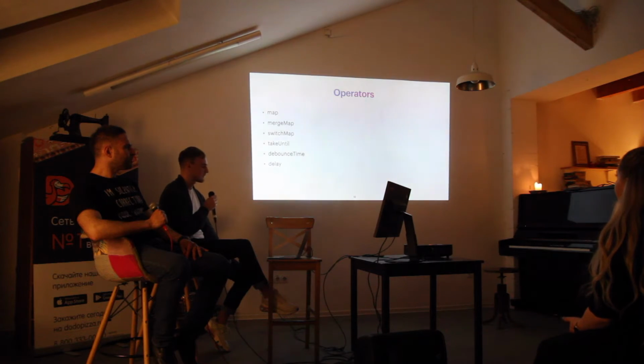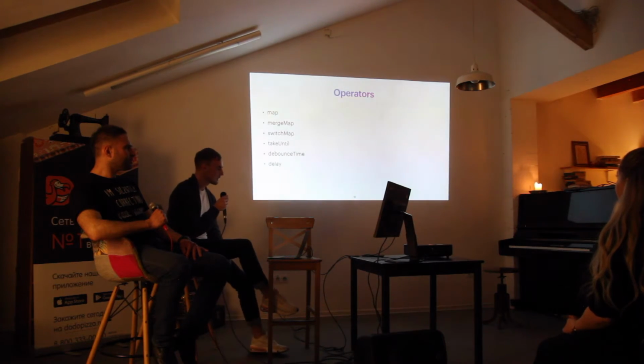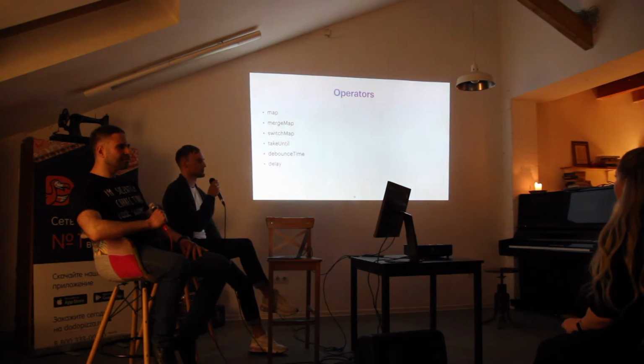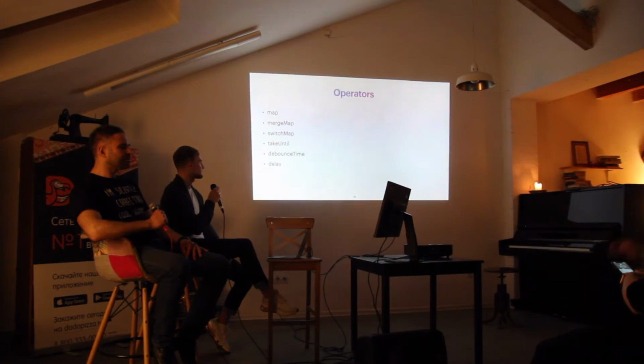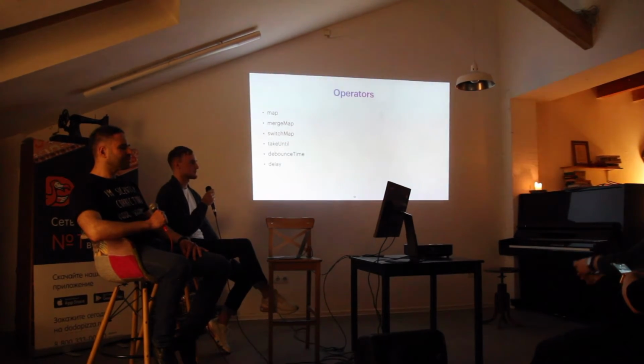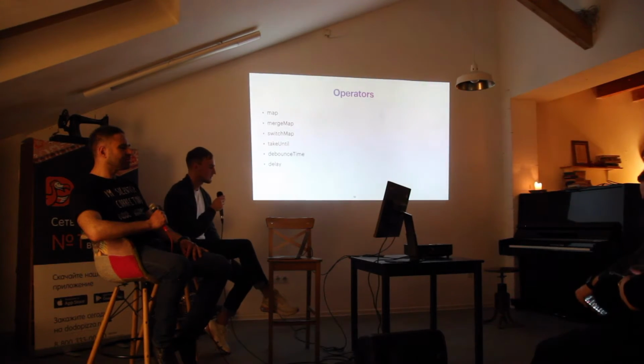Take until allows you to stop waiting for a server response when another action happened. Debounce time is similar to lodash debounce. The debounce is consequent calls with some time passed, and delay is pretty straightforward to name, which delays every action in your stream.